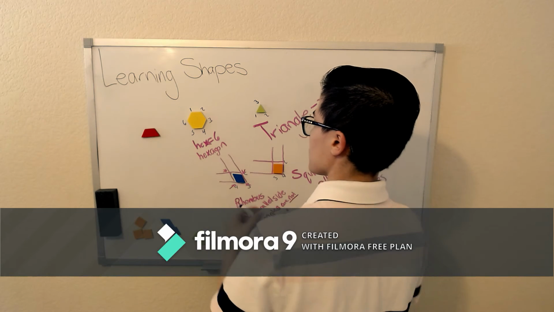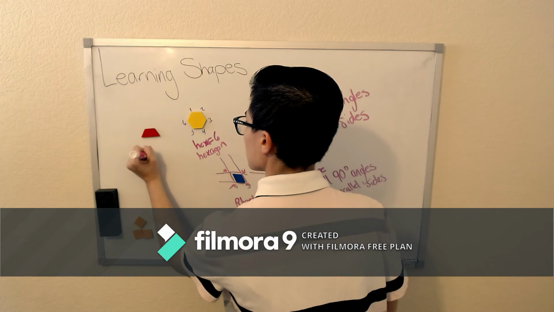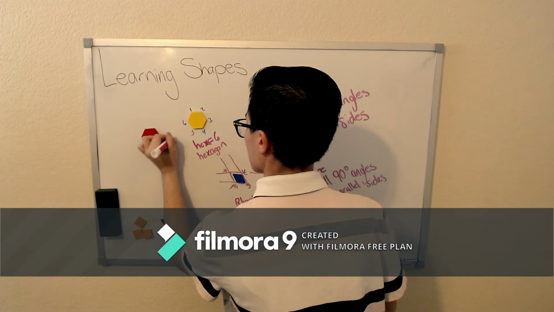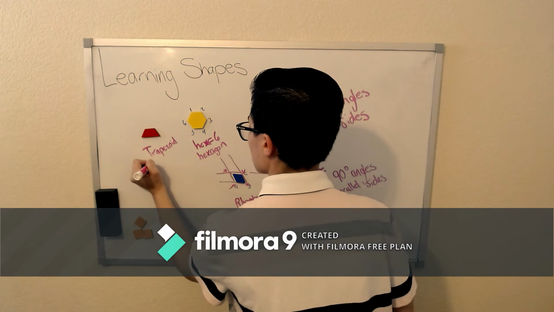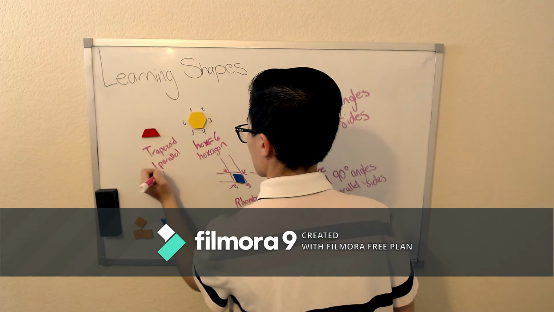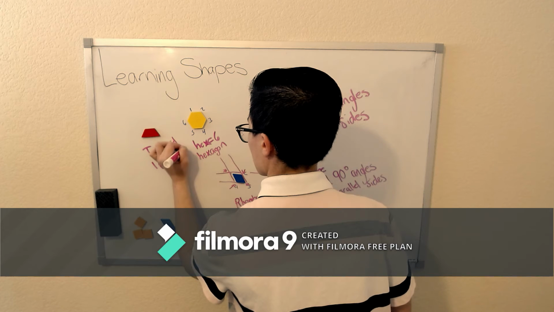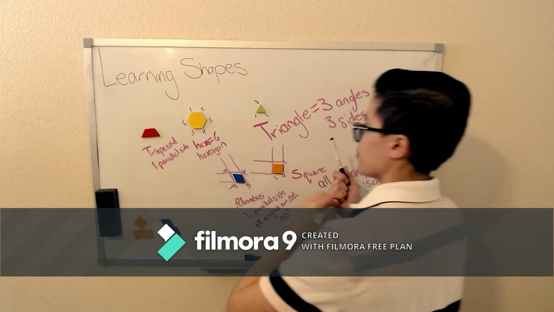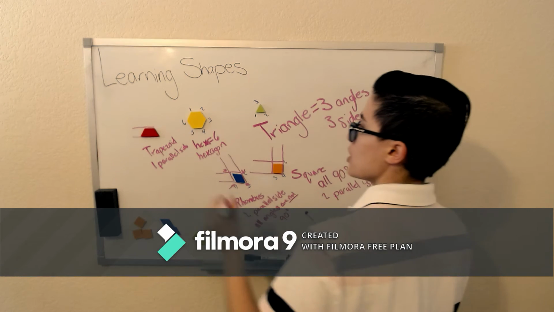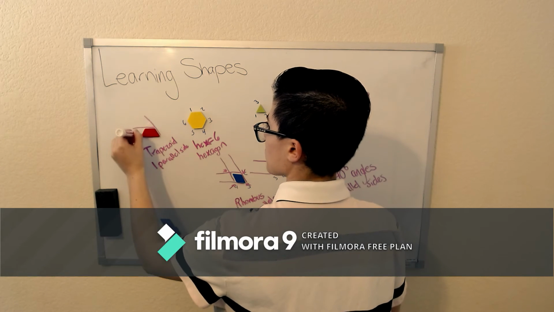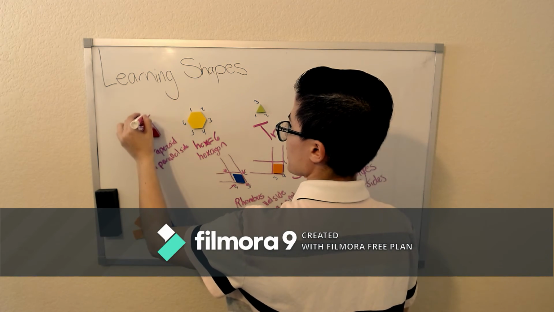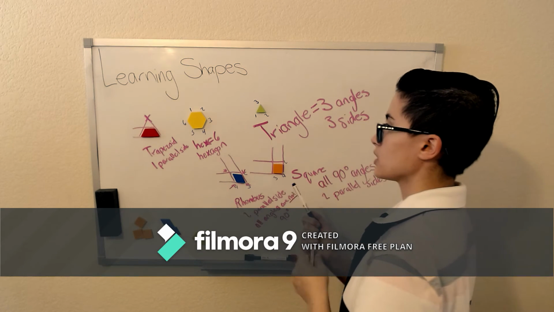Now, the trapezoid only has one parallel side. So this side and this side will never touch, but these two will. So if it makes an X, it's not parallel.